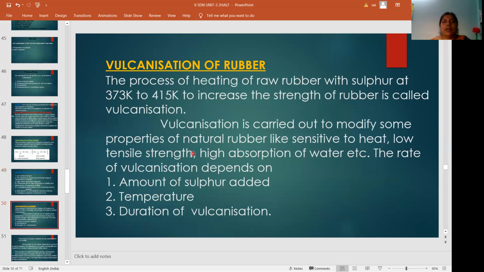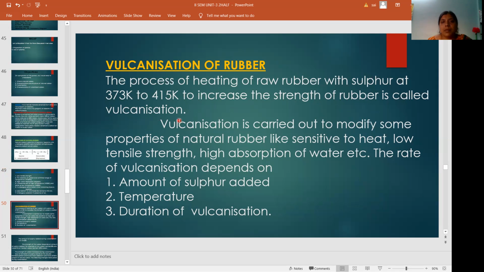And next we come to the vulcanization of rubber. This is a very, very important topic, and it is a 5 marks question. What is vulcanization? The process of heating raw rubber with sulfur at 373 to 415 Kelvin to increase the strength of rubber is called vulcanization.